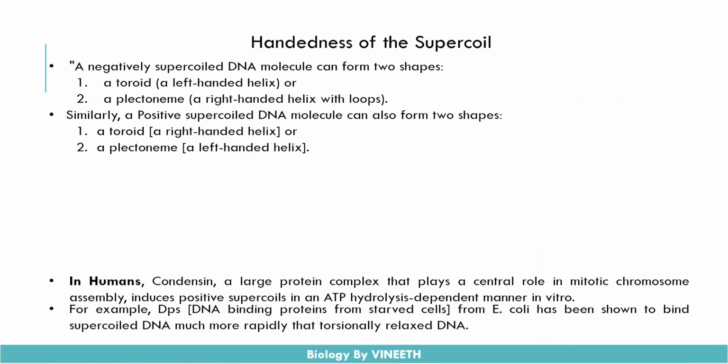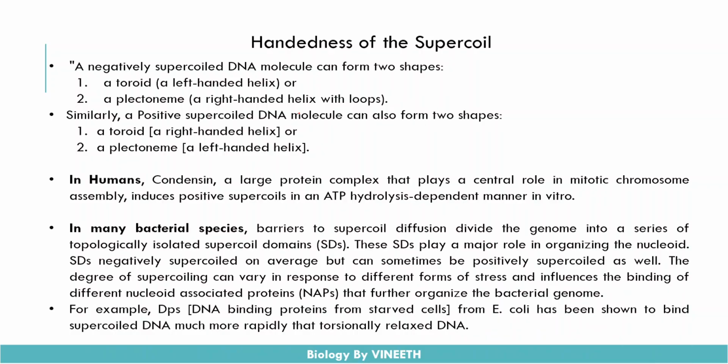And then the handedness of the supercoils. I've already discussed the handedness of the supercoils. Based on the handedness property, or the type of DNA, whether it is left-handed DNA or right-handed DNA, the adaptations also change, whether it would be a toroidal form or the plectoneme form. Suppose you have a left-handed DNA, a left-handed helix, and you introduce negative supercoiling to that DNA.